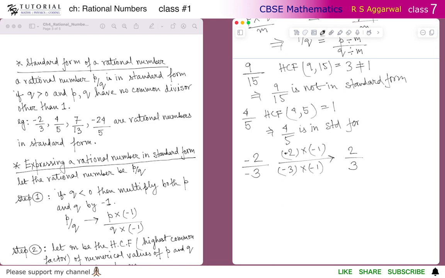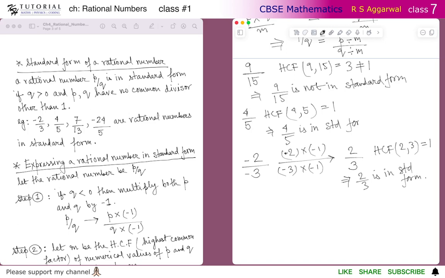So 2 by 3 is equal to minus 2 by minus 3. Now the denominator 3 is positive, and the HCF of 2 and 3 is 1. This implies 2 by 3 is in standard form.